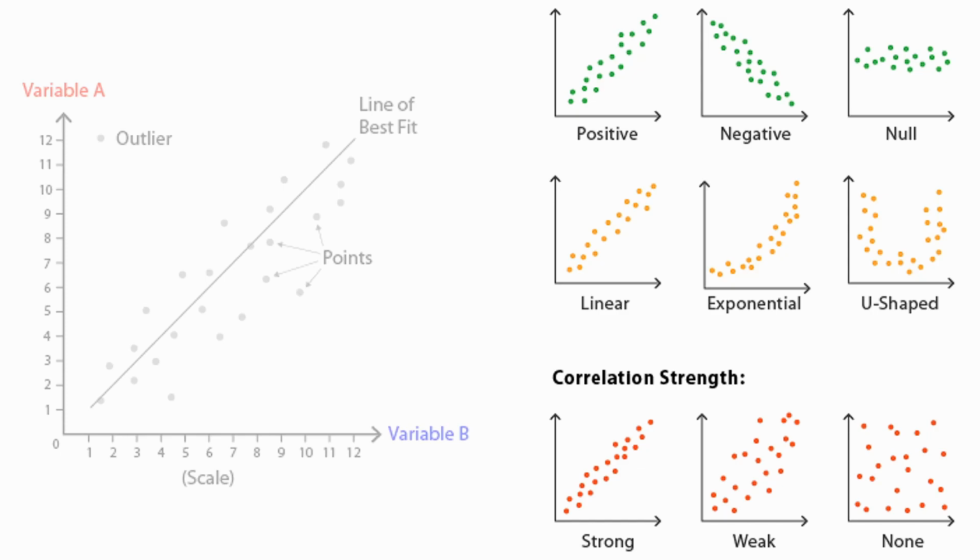From a scatter plot, you can make some assessments about the relationship between two variables. Again, we'll come back to this later in the course, but here are some common associations, from positive relationships, where both variables increase or decrease together, to negative relationships, where the variables vary in opposite directions. You might see a linear relationship, where the points fall along a straight line, or something more like an exponential or U-shaped relationship.